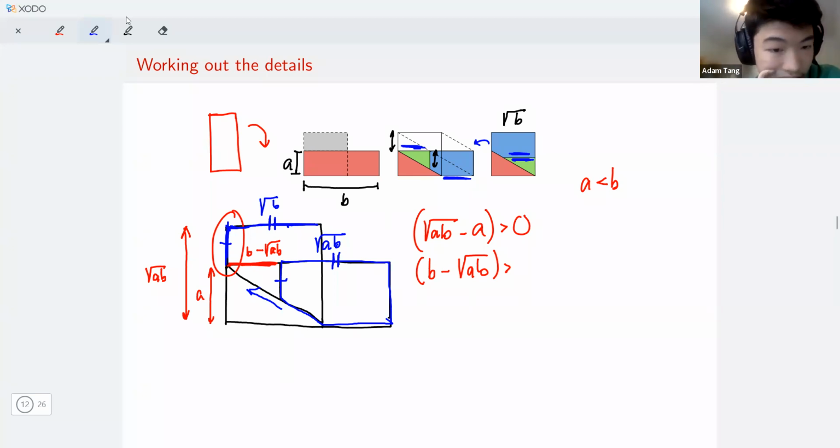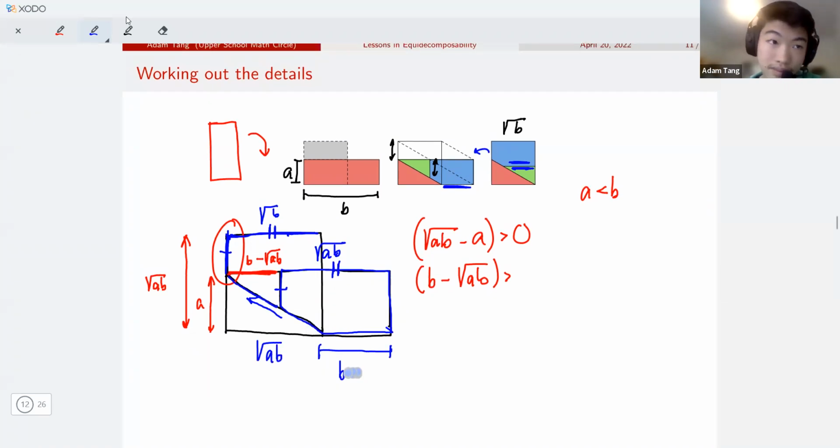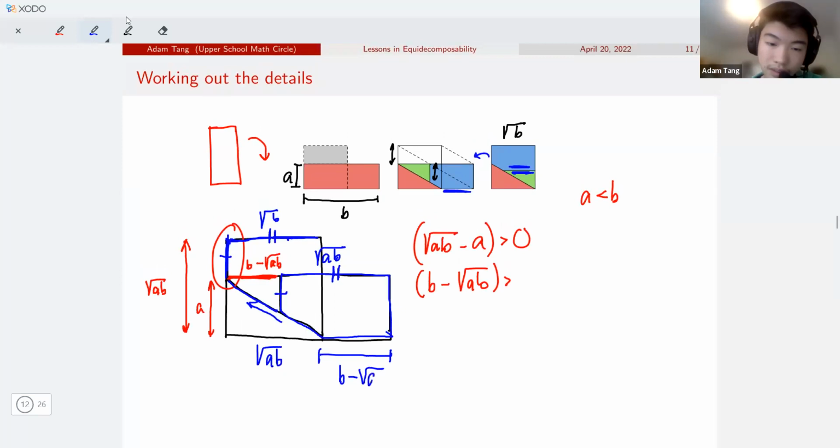So we take a look. The remaining bit here, in this triangle, the top was B minus root AB, and the bottom here, we just got to figure out. In fact, since this is root AB, we know that this is also B minus root AB, minus root AB.